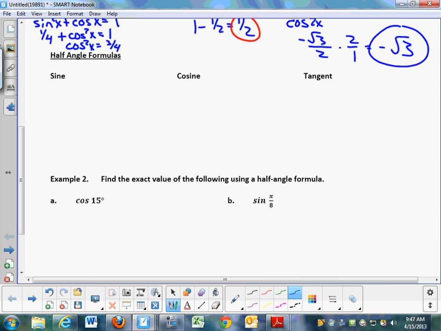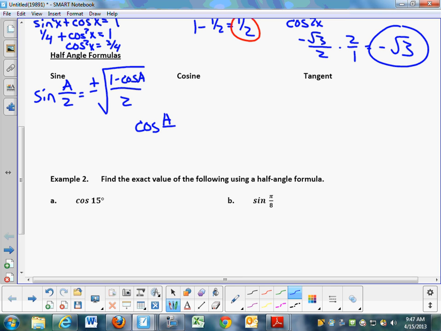All right? Half angle formulas. Sine of A over 2 is equal to plus or minus square root of 1 minus cosine of A over 2. I know I should know these, but I don't.